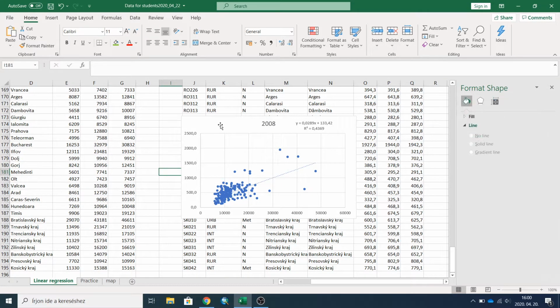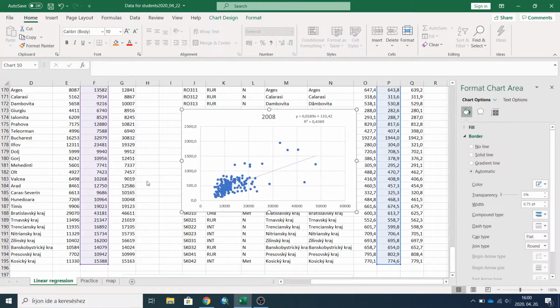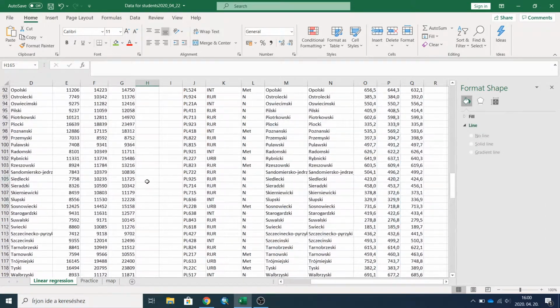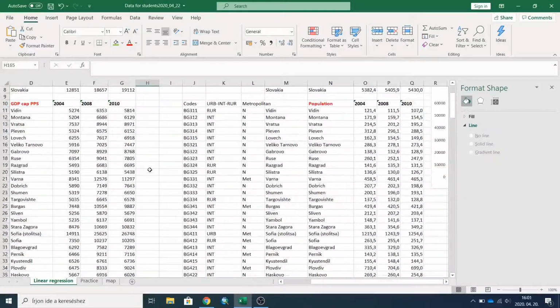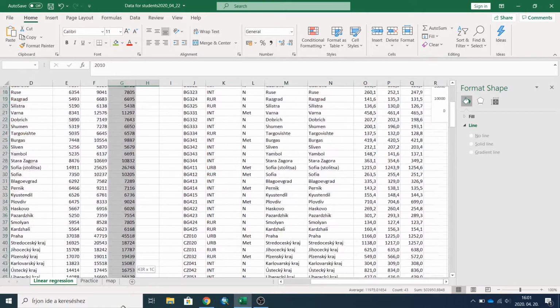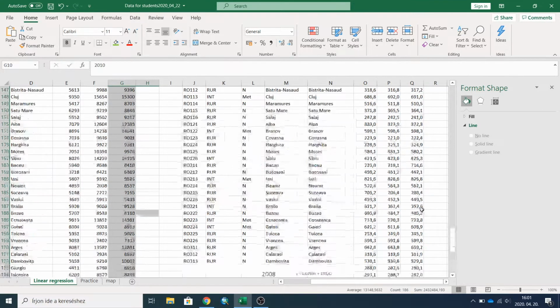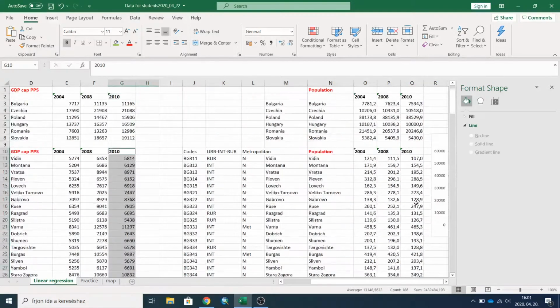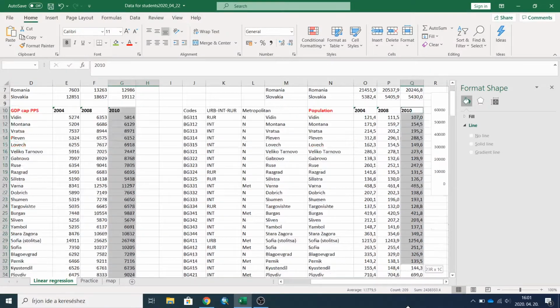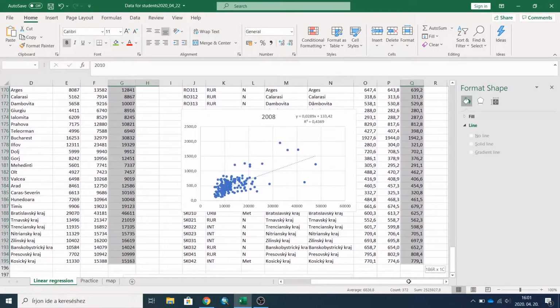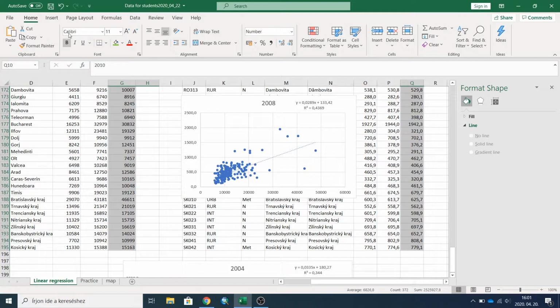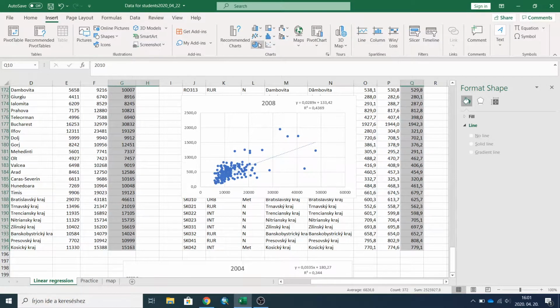So let's see the last situation, calculating 2010. After the financial crisis, we can see the regression between population and GDP per capita.